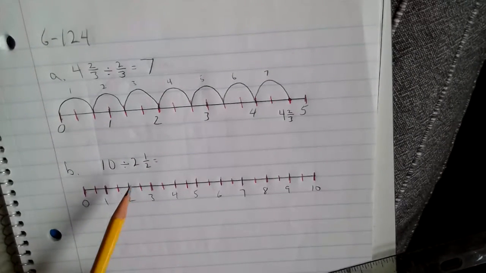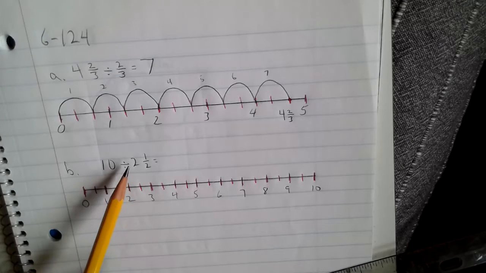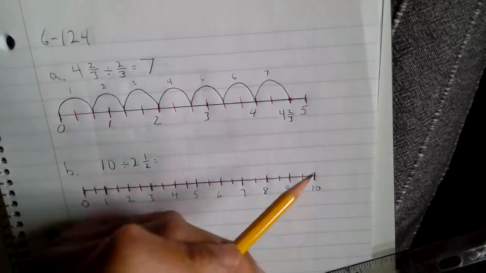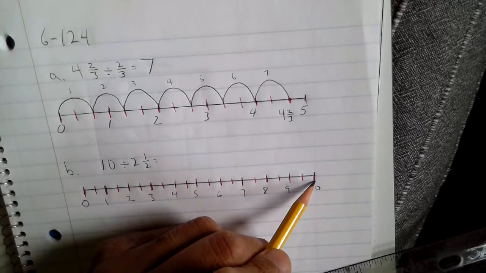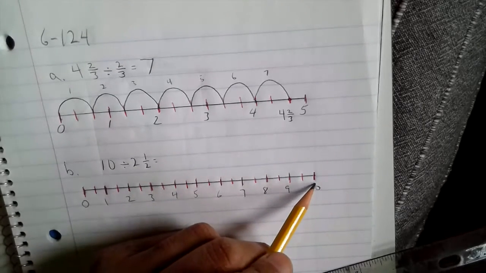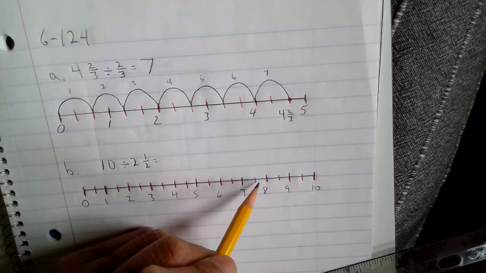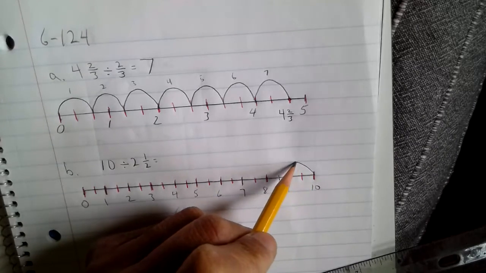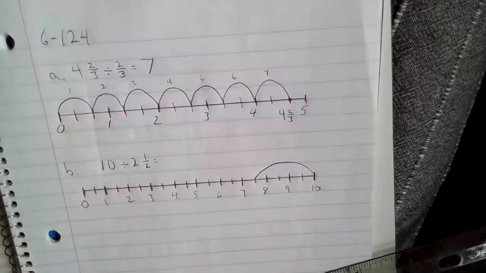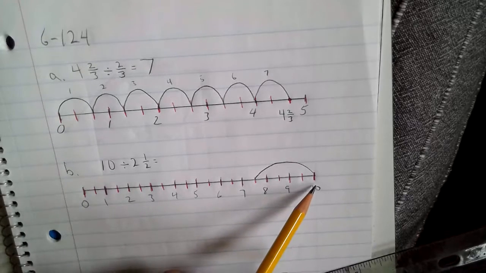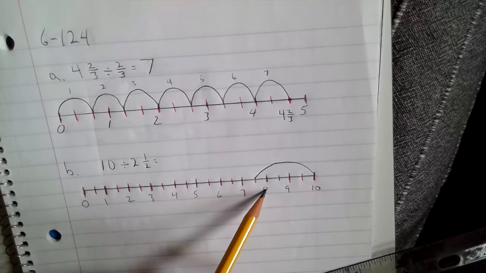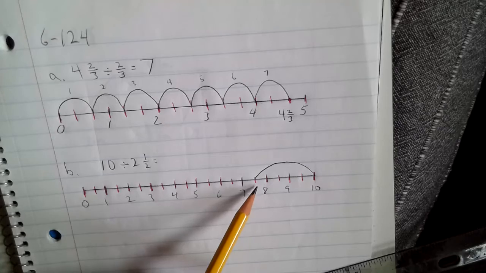Now let's go ahead and take out our first complete group of 2 and 1/2. Okay, so here's, there's 1, 2 and a half. That's a complete group, right? 1, 2, so I'm at 8, another half.